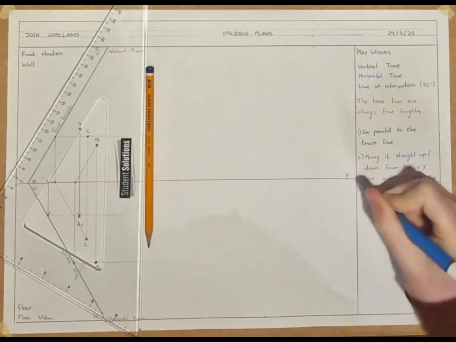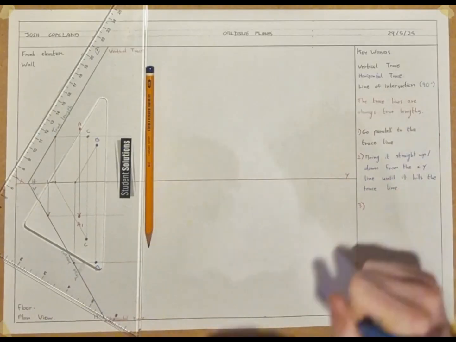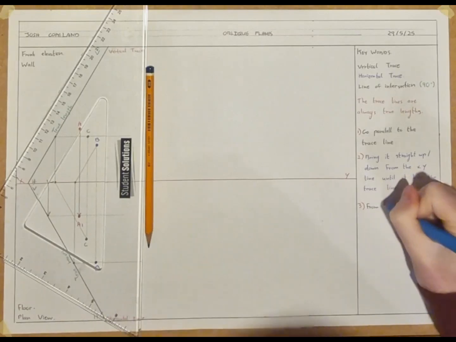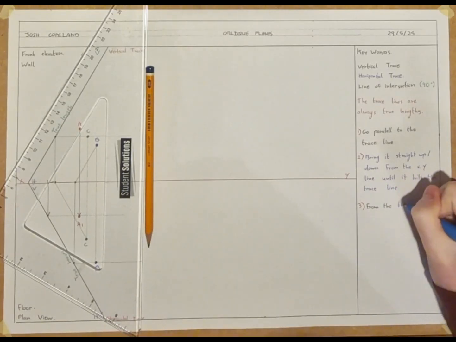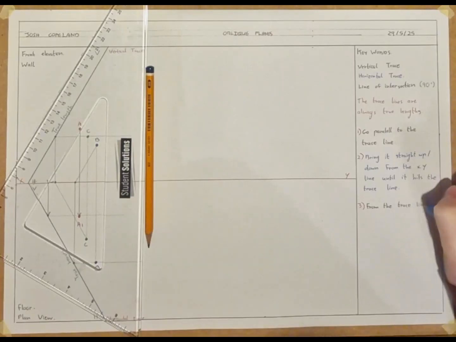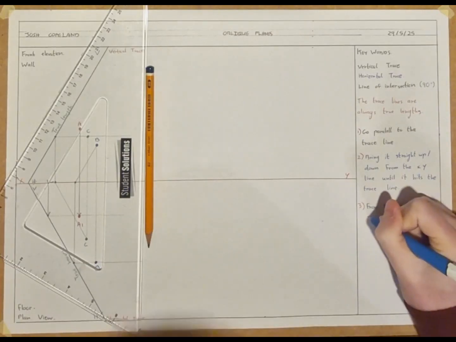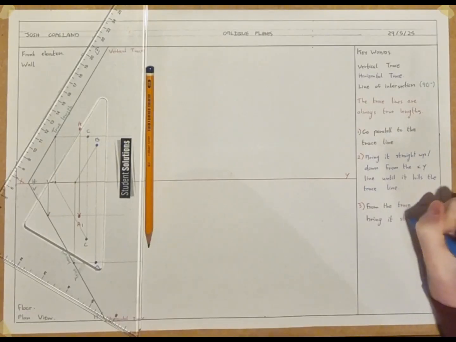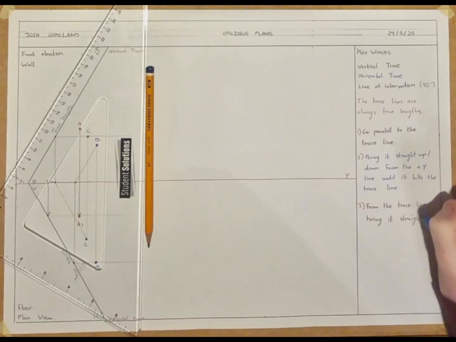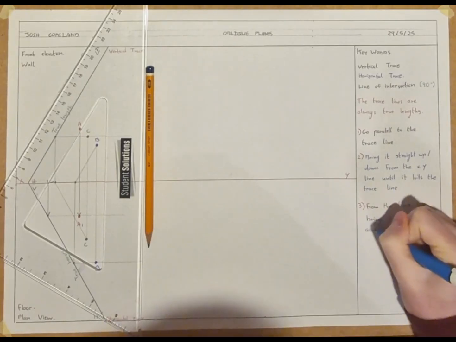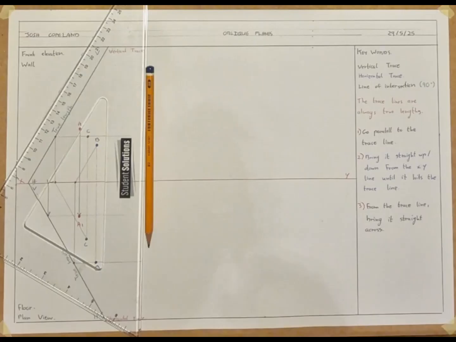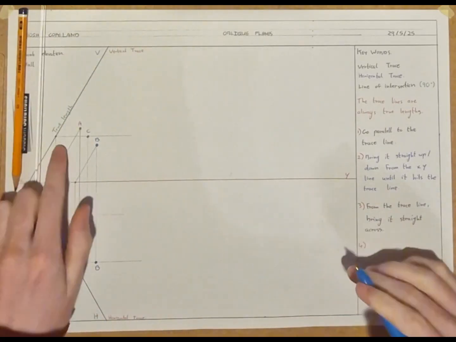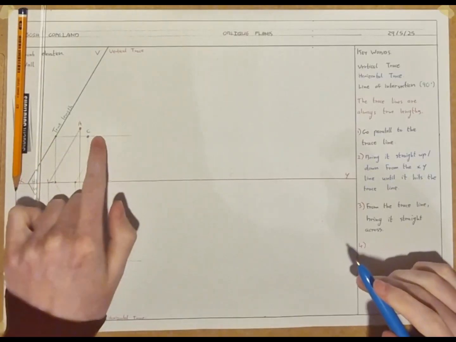And then step 3, from the trace line, bring it straight across. And then finally, step 4 is to determine the distance where the line or where the point falls in that line.